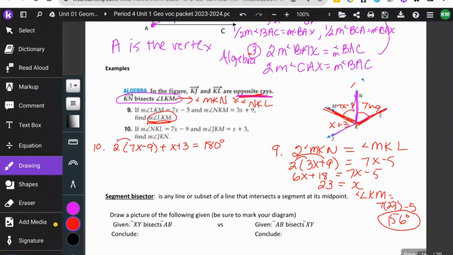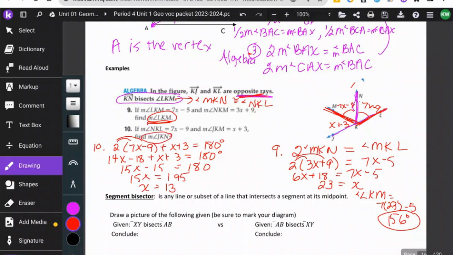Then again, I would distribute. So 14x minus 18 plus x plus 3 equals 180. Combine like terms: 15x minus 15 equals 180. Add the 15: 15x equals 195. Divide: x equals 13. And again, I'm not looking for x. I'm looking for JKN.